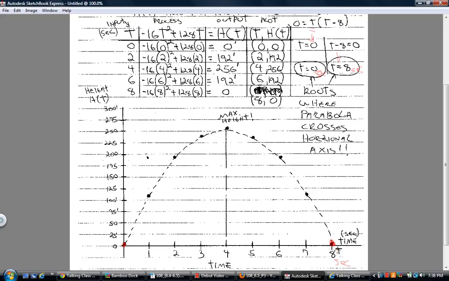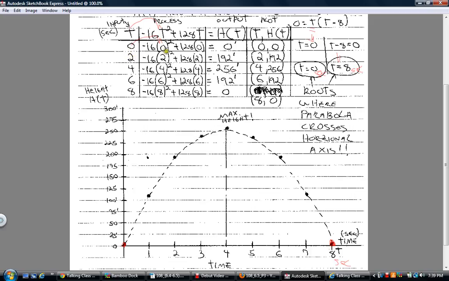Okay, so what I did here was I want you to get an appreciation of an expanded XY table. In this case we're talking about time and height. As time was 0, I substituted it in: 0 squared plus 128, the height is 0. It hasn't taken off yet. Now you can follow the details here.